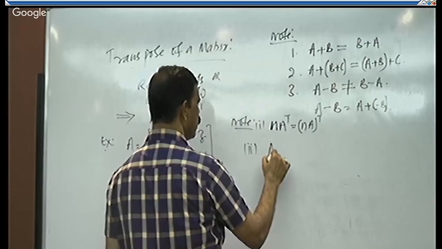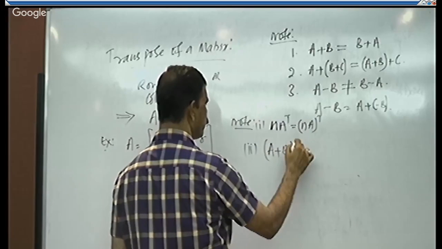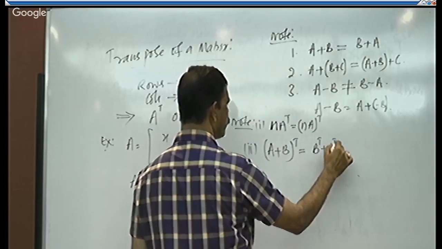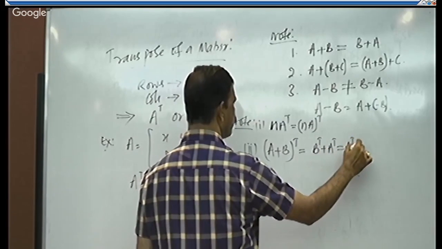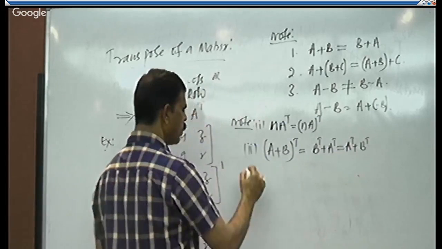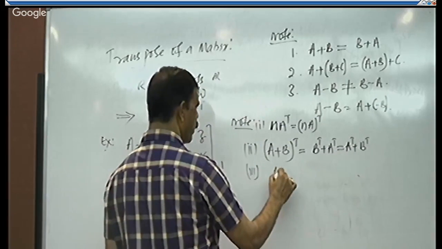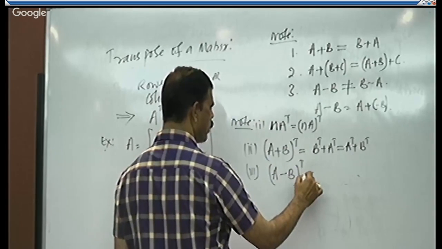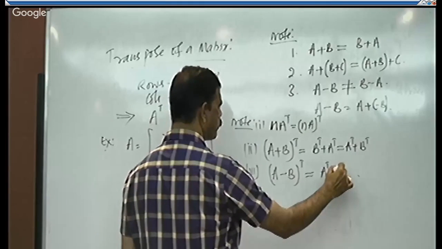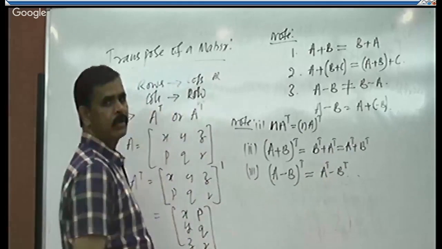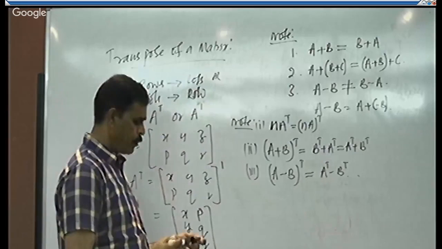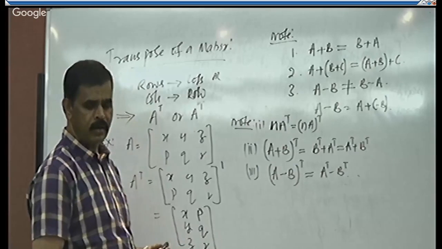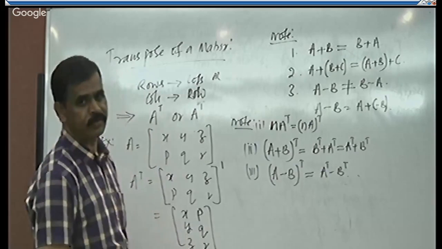Second note, A plus B whole transpose is always equal to B transpose plus A transpose, or A transpose plus B transpose. Third point, A minus B whole transpose is equal to A transpose minus B transpose. These are some notes about transpose, addition and subtraction of matrices. Right?